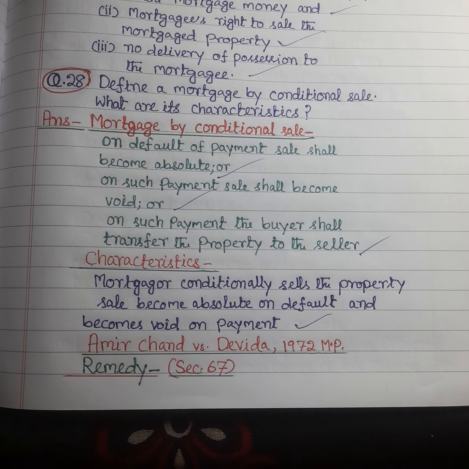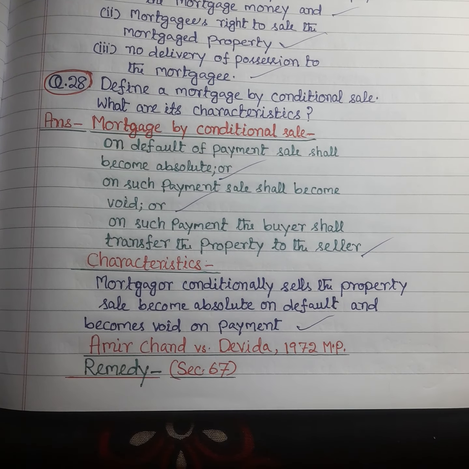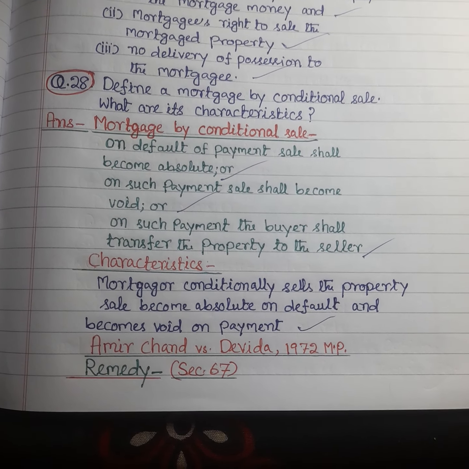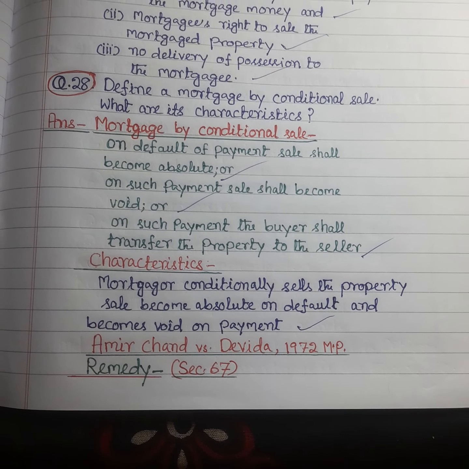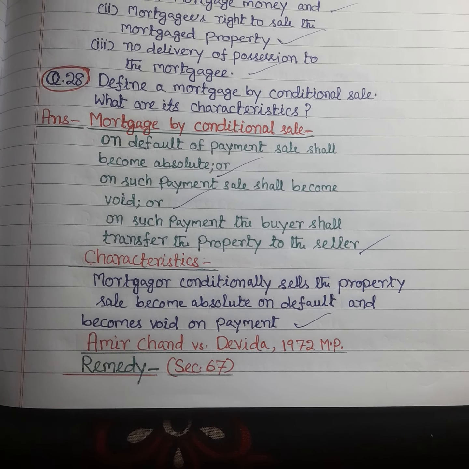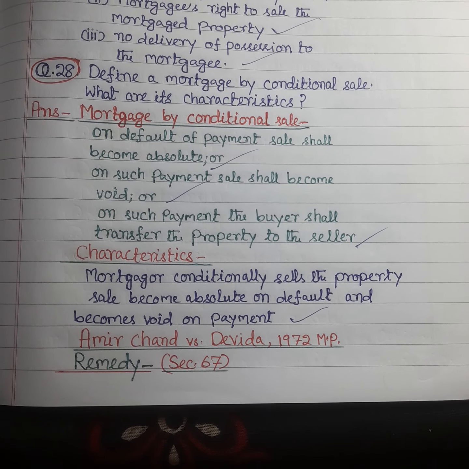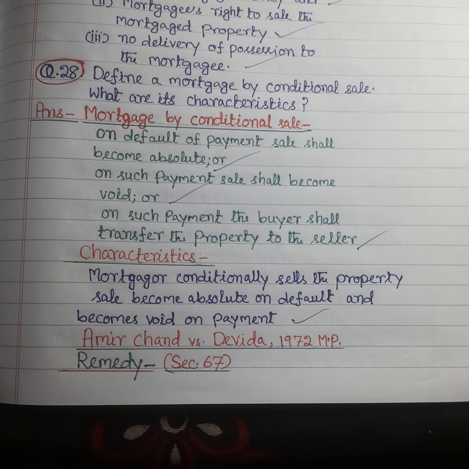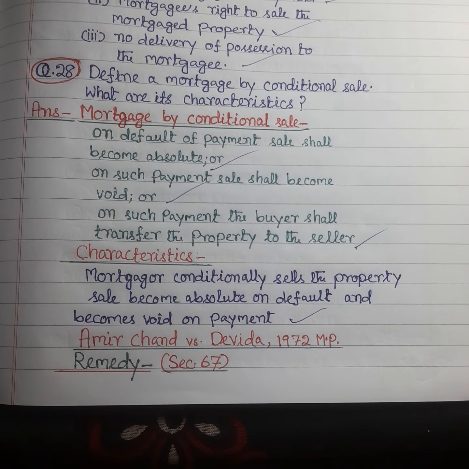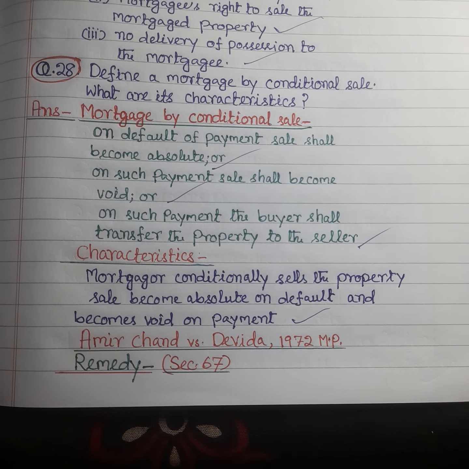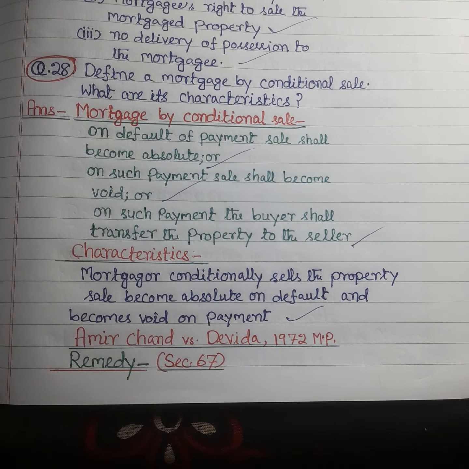The mortgagee does not acquire any personal right against the mortgagor on the breach of the condition of repayment within a stipulated period. The transaction is closed and becomes an absolute sale on the passing of the decree, absolutely depriving the mortgagor of the right of redemption.